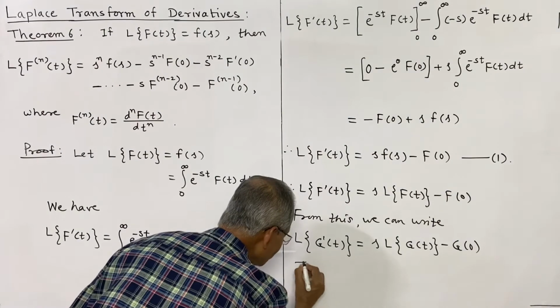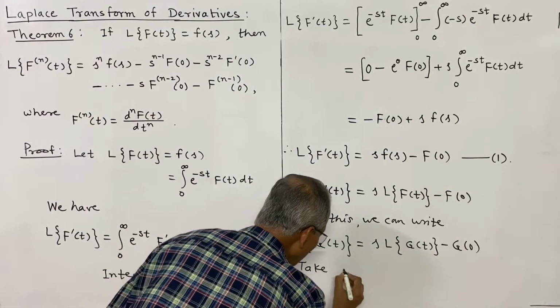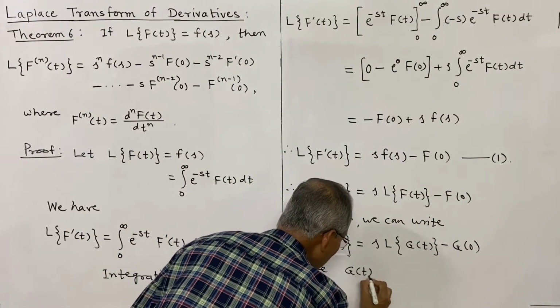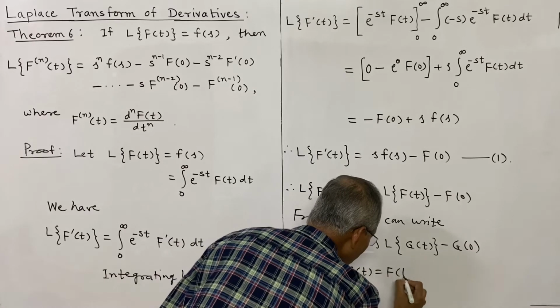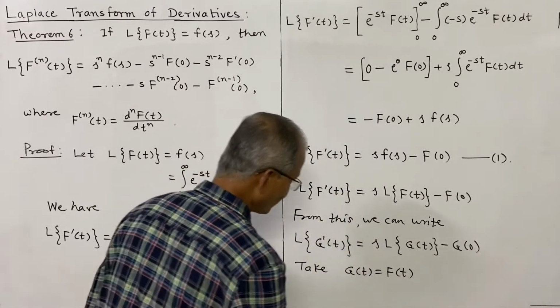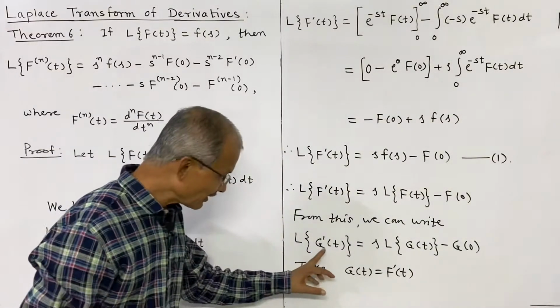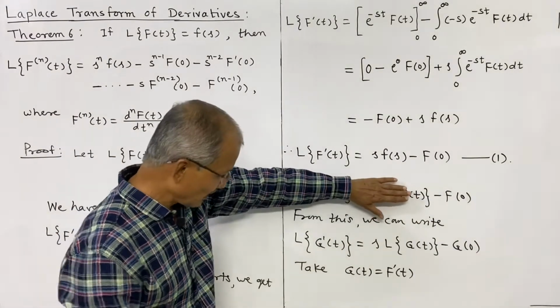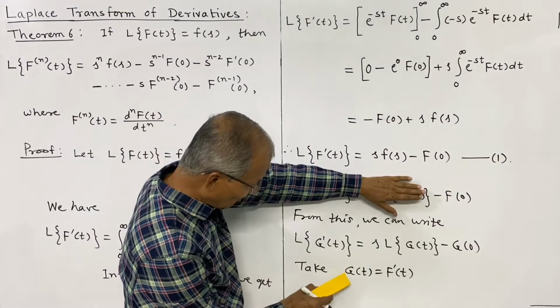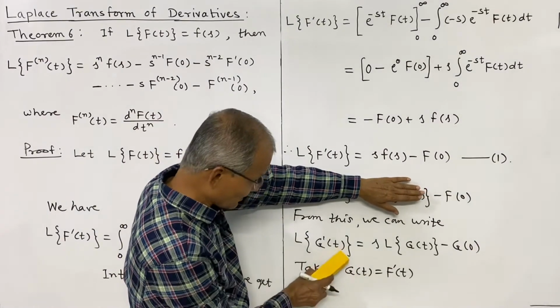Now take g of t is equal to f of t, not f of t but f dash of t. We can take this function in this result. Now forget about this and consider g of t is equal to f dash t in this result.